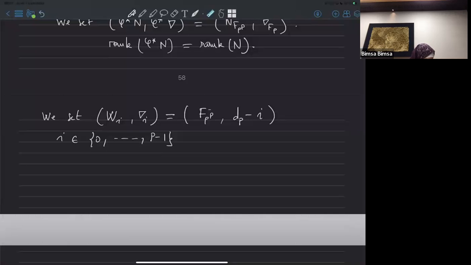Then we have the following property. And we consider the proposition.